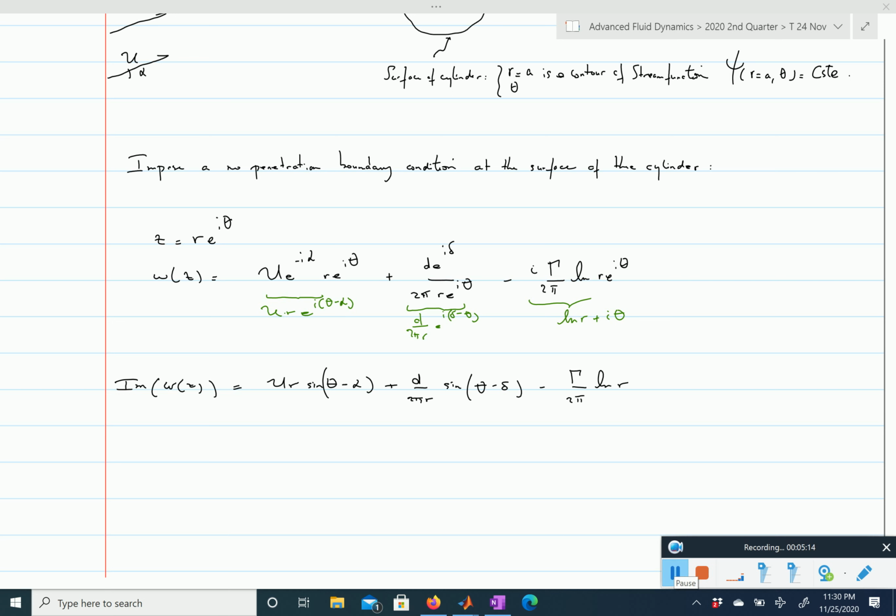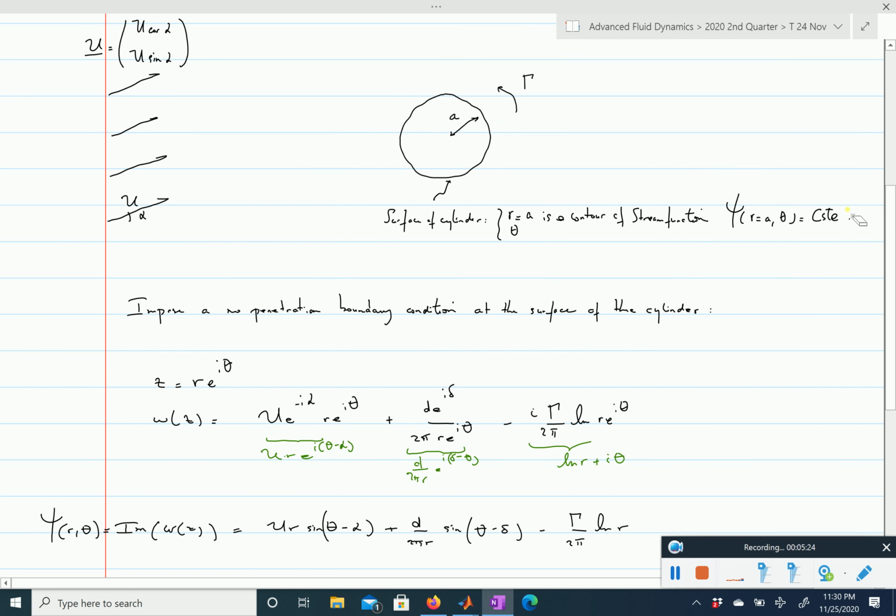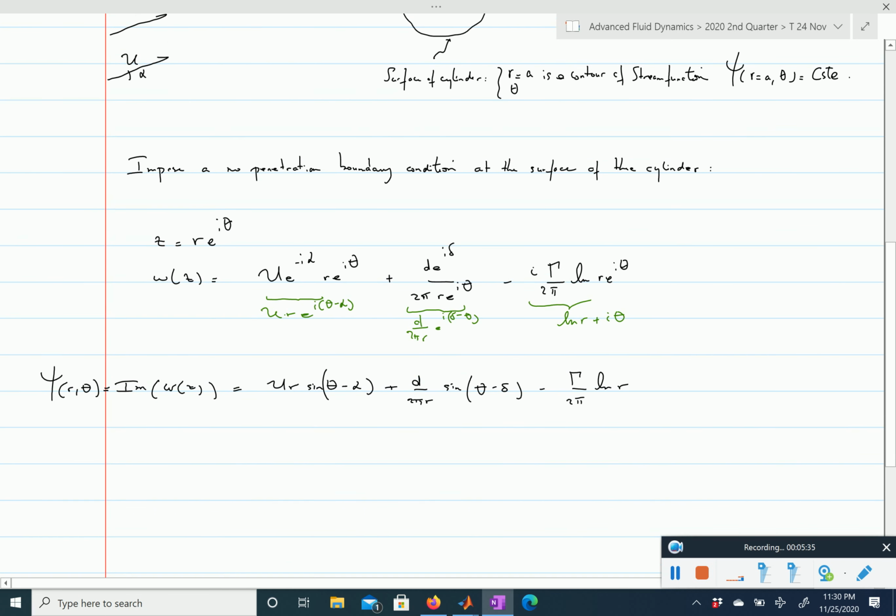Okay, so this here is the stream function, and now we want to impose the condition that the surface of the cylinder is a contour of my stream function, and therefore a streamline. So we look at psi at r equals a.